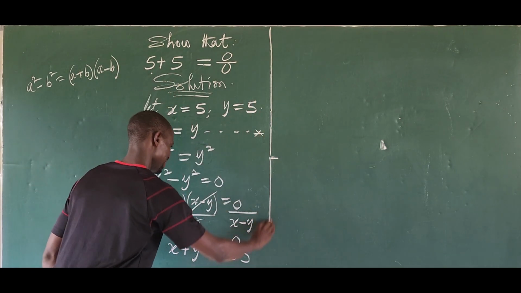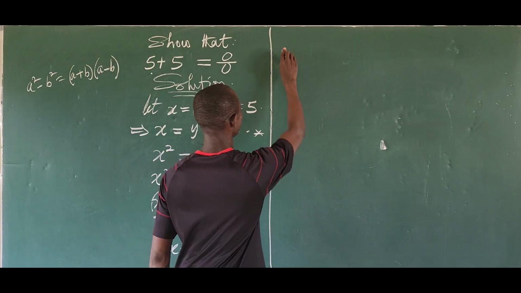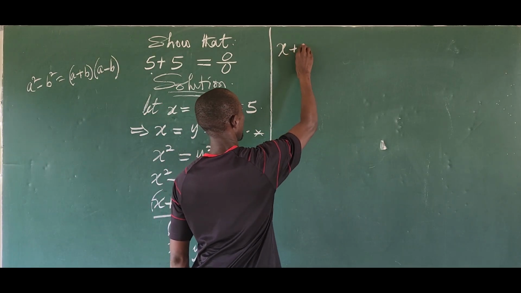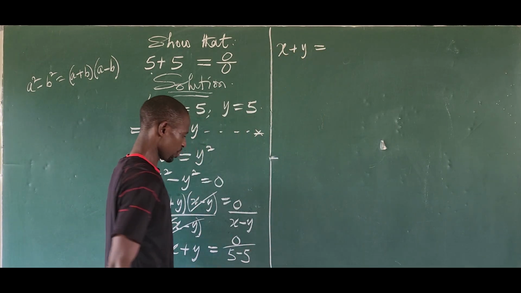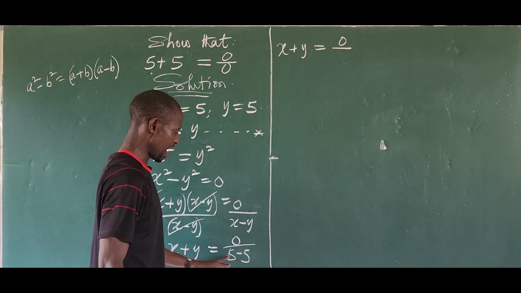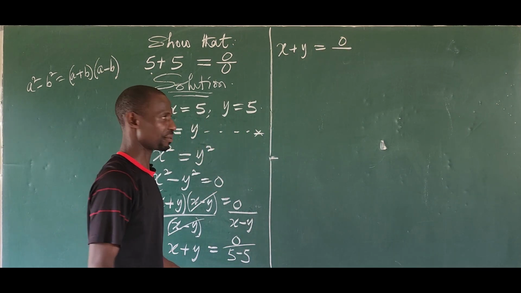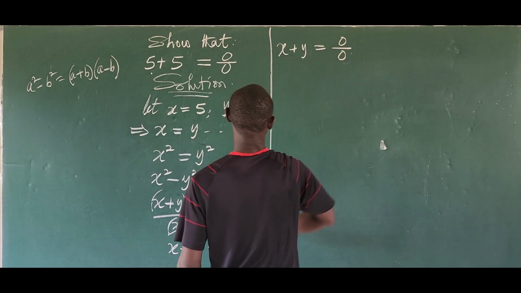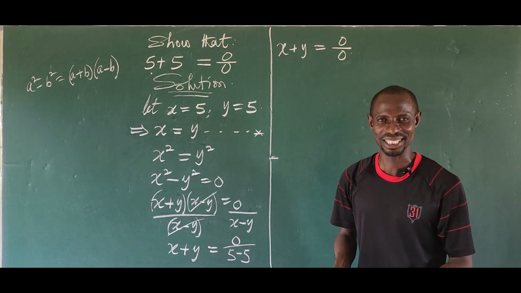Okay, so let's continue here. This is going to give us x plus y is equal to 0 all over, what is 5 minus 5? Oh, that is 0. So this gives us 0 here. Now let's go to the left-hand side of the equation.